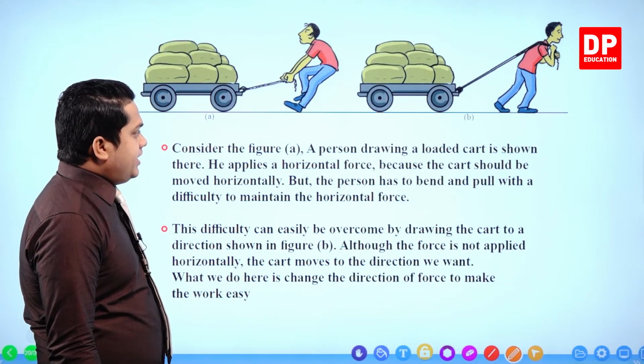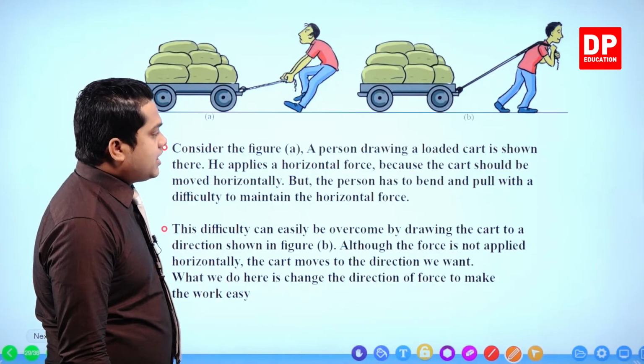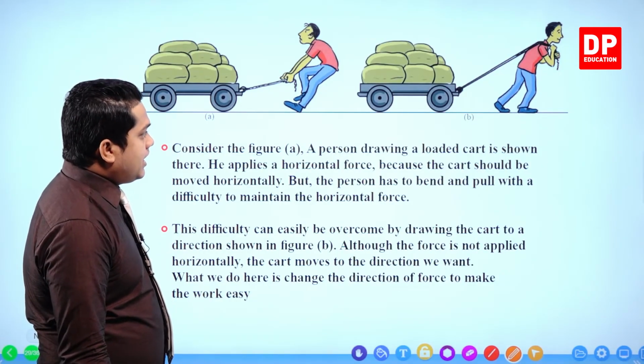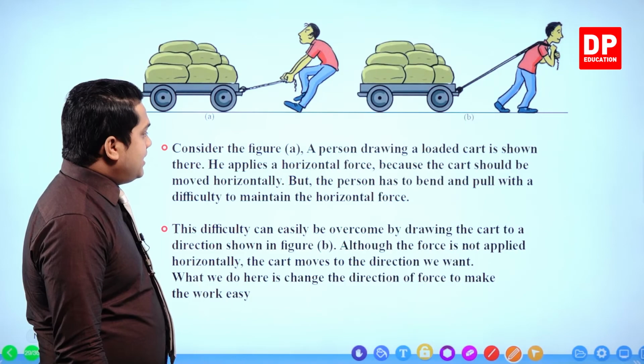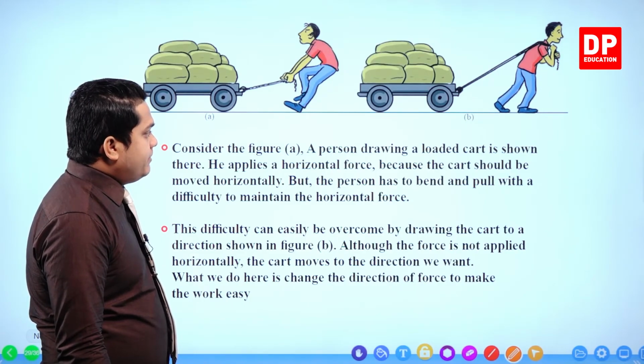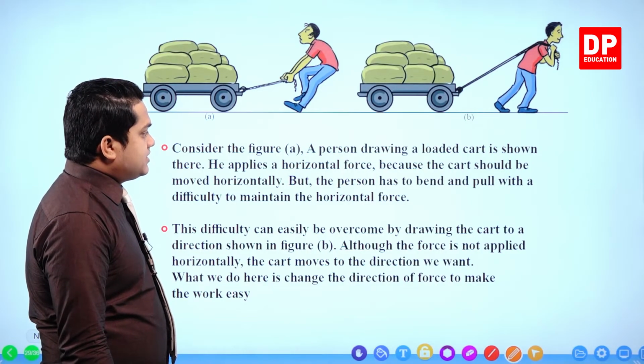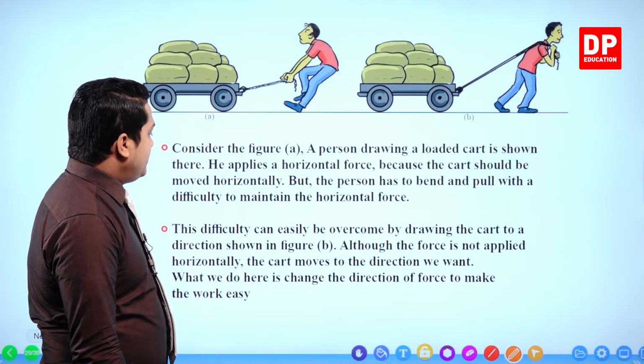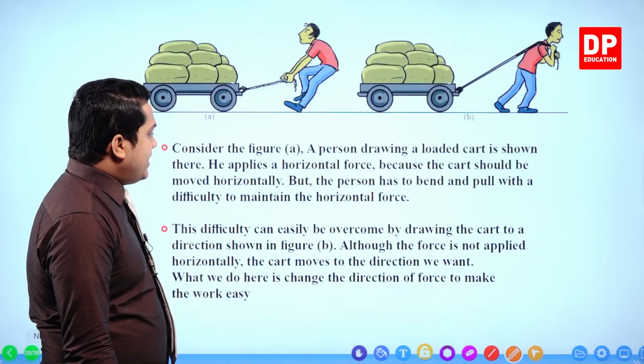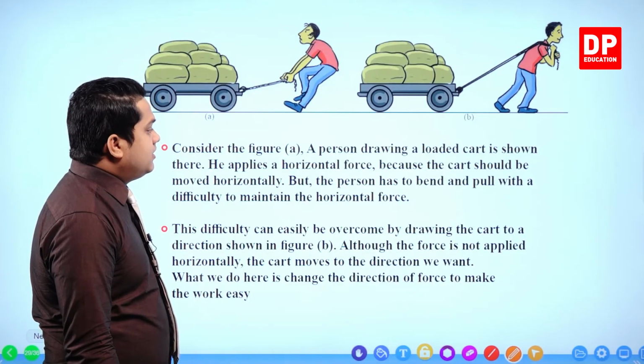Consider the figure A, a person drawing a loaded cart as shown there. He applies a horizontal force because the cart should be moved horizontally, but the person has to bend and pull with a difficulty to maintain the horizontal force.